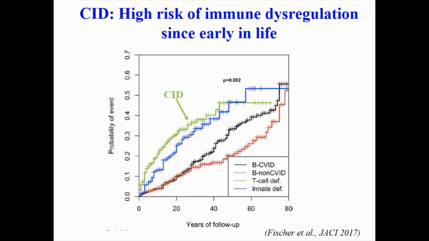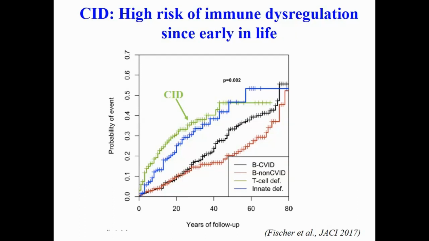This is a study that was published only a couple of years ago by Alain Fischer in Paris. It's a large series of patients, and he was looking at the probability of developing some kind of immune dysregulation in various forms of immunodeficiencies, and he distinguished between antibody deficiencies, B non-CVID or B-CVID, innate defects, and combined immunodeficiency.